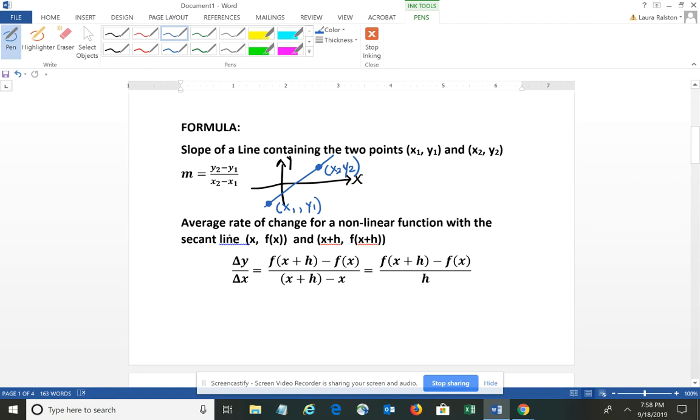Well, if we look at the formula for the average rate of change for a nonlinear function, let me see if I can rough sketch you one of these here. Okay, so we would have this curve.